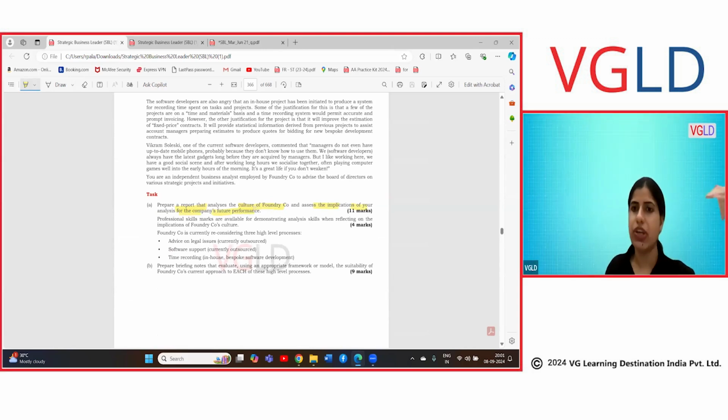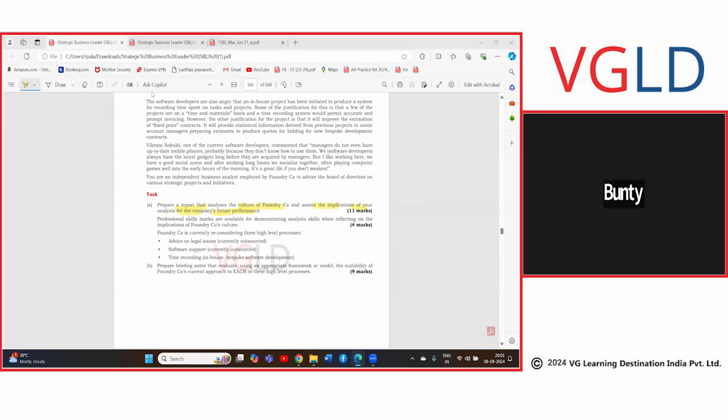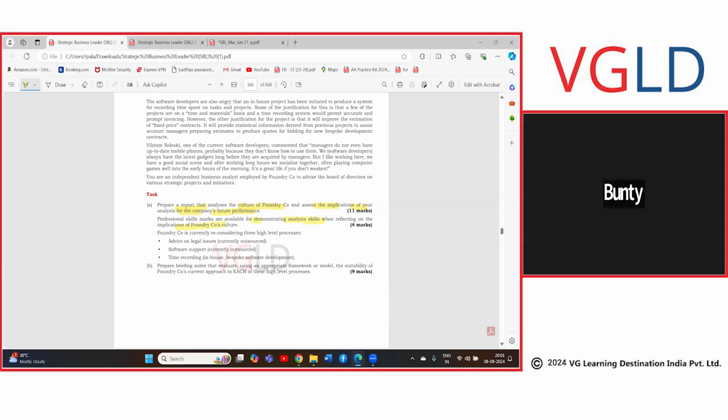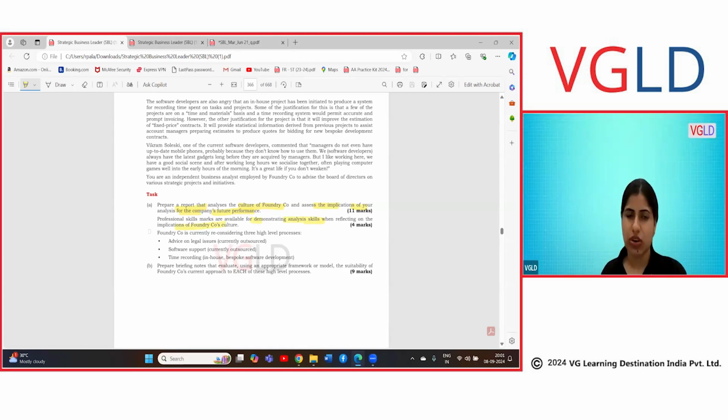So make sure whenever you will be attempting the paper of SBL, your answer should be in report format. Now, after that, what they are saying, professional skill marks are available for demonstrating analysis skill when reflecting on the implication of Foundry's company culture. So Foundry company culture. Now this question is over.